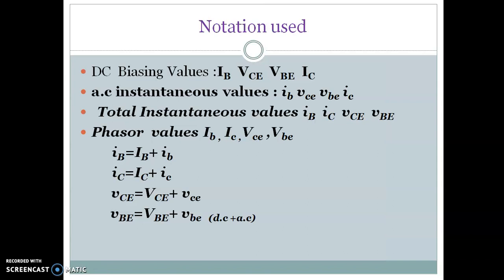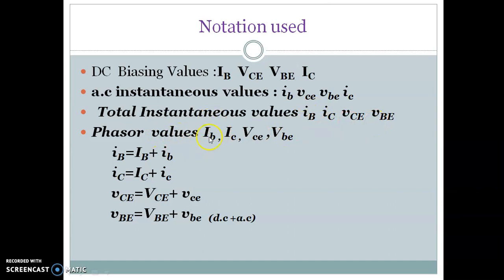First, let me see what notations we are going to use. For DC biasing, it is always a capital letter followed by a capital subscript, so IB, VCE, VB, IC, everything is capital. For AC instantaneous values, it is all small letters: ib, vce, vb, ic. The total instantaneous value is given with the main letter in small letters and the subscript in capital letters.